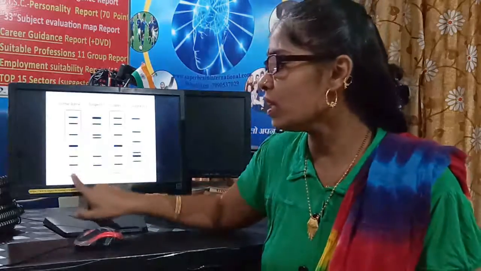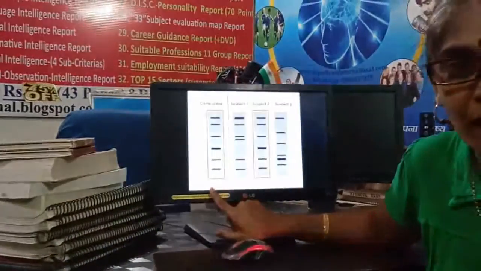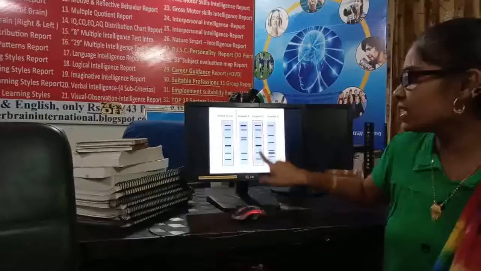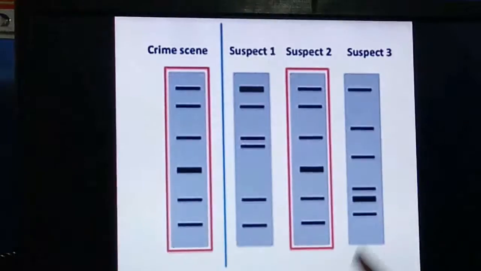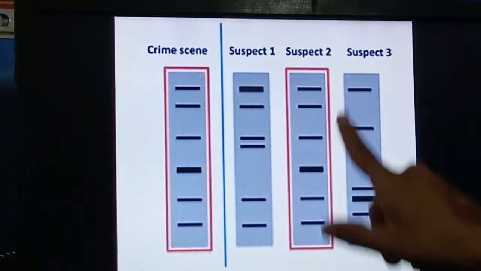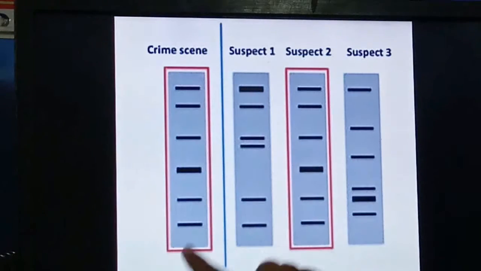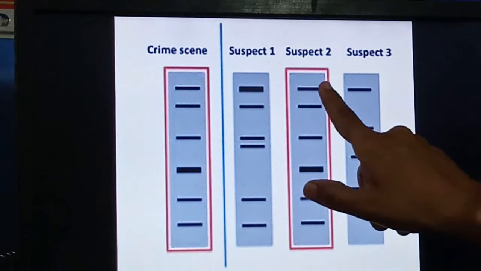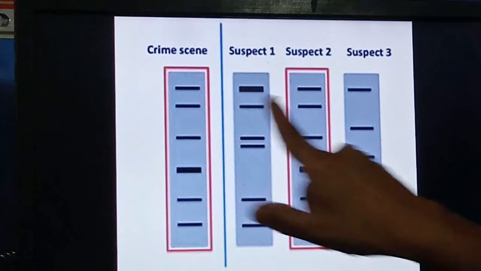So this is the DNA material which we observe from the crime spot, and these are the 3 samples of the suspects. If you go on matching, you see which one has the exact match with the sample which we obtained from the crime spot. So you can see this is the exact match.